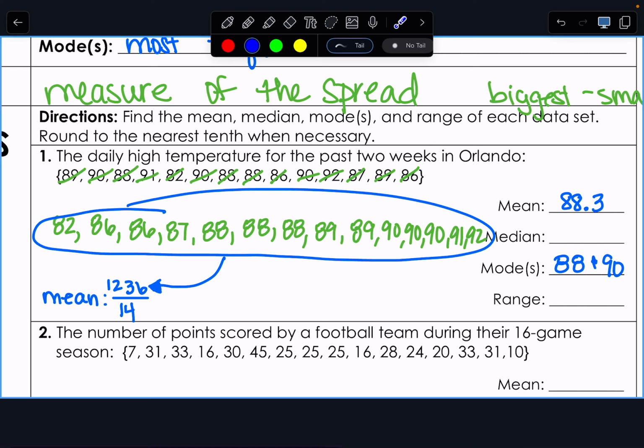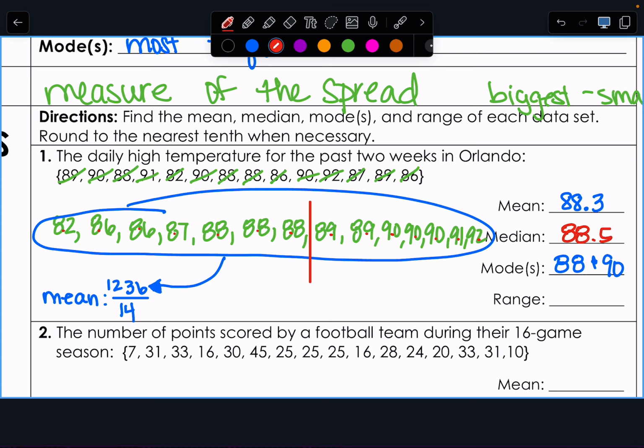Now, the median needs to be the middle number. Okay, well, we have 14 numbers, don't we? So if I split this in half, 1, 2, 3, 4, 5, 6, 7, 1, 2, 3, 4, 5, 6, 7. So there is my middle. How did you get 88.5? Because it's between 88 and 89.